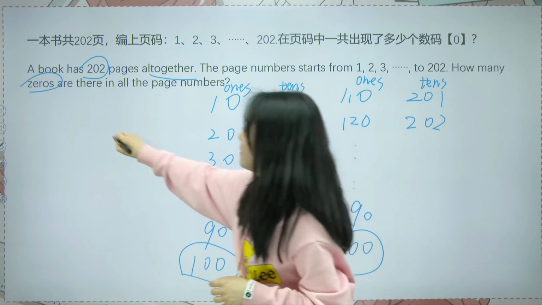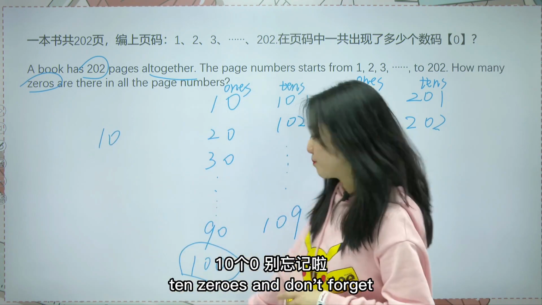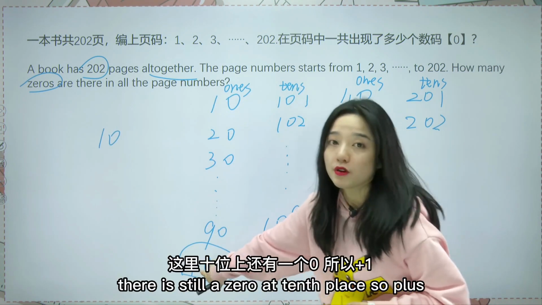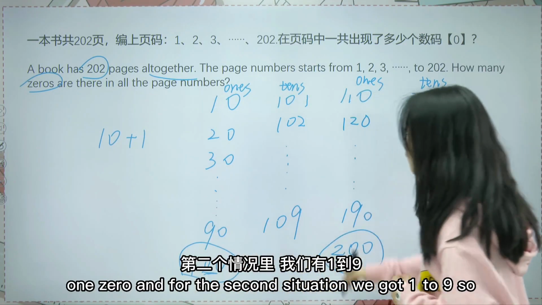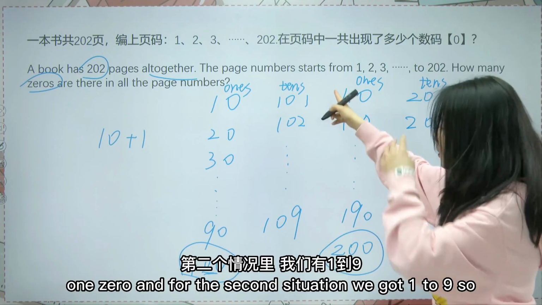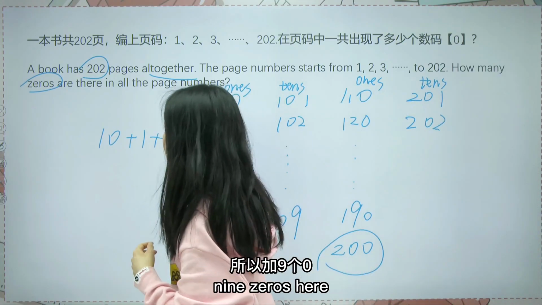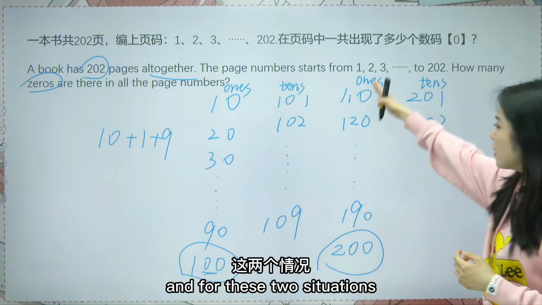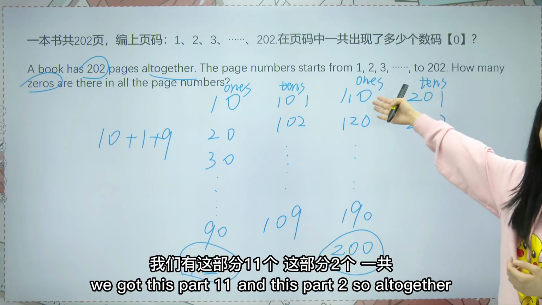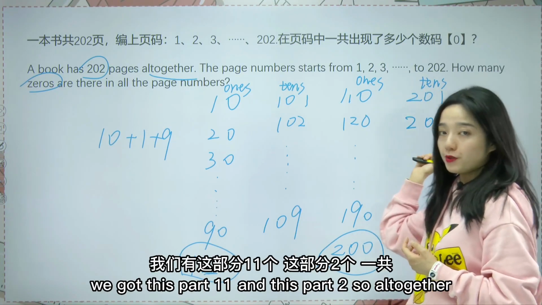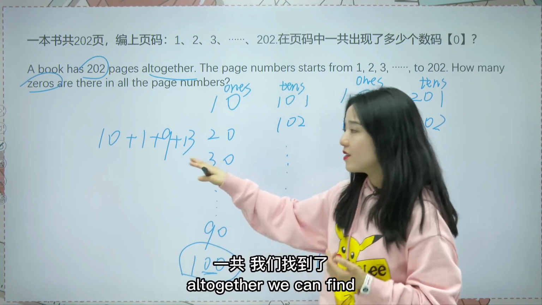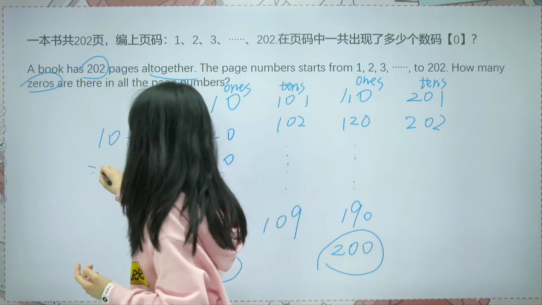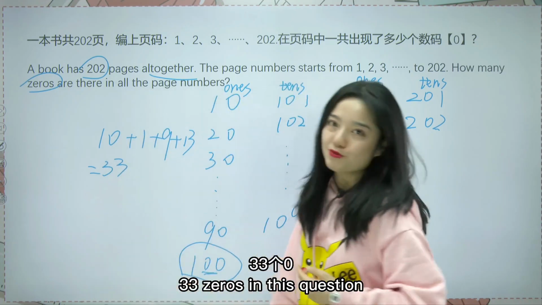So we got 10 zeros. And don't forget, there is still a 0 at 10th place. So plus 1. And for the second situation, we got 1 to 9. So 9 zeros here. And for these two situations, we got this part 11 and this part 2. So altogether, 13 zeros. Altogether, we can find 33 zeros in this question.